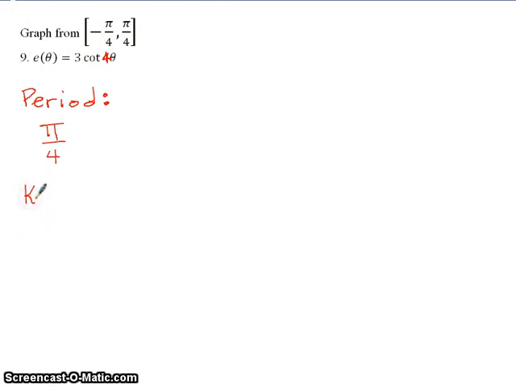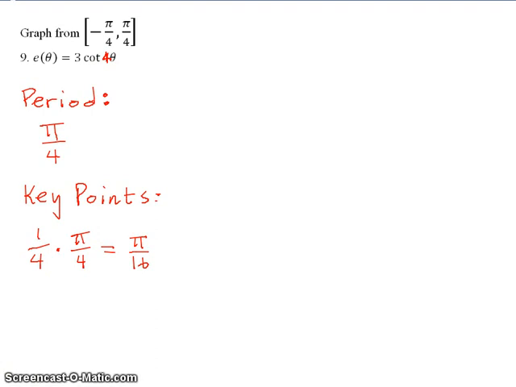So we find key points each time we go 1/4 of pi over 4, and so that means we're looking at pi over 16. Let's go ahead and set up our axis system.